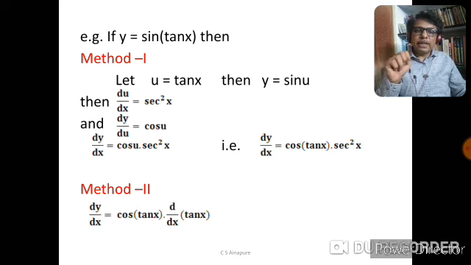So see how we are getting that. The derivative of the outer function, the derivative of sine, is cos of, keep tan x as it is, into the derivative of the inner function, the derivative of tan x, and we know the derivative of tan x is sec square x. So we are getting dy by dx is equal to cos of tan x into sec square x. So both answers are the same by this method.